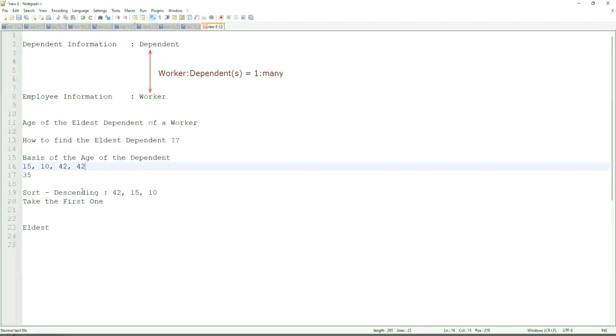But then we have to find out, is there any other way of matching or maybe of having a tie break? If there's a tie, then how to break the tie? Then we have to think of some other logic, of course. Like, is it based on the name or maybe the relationship?